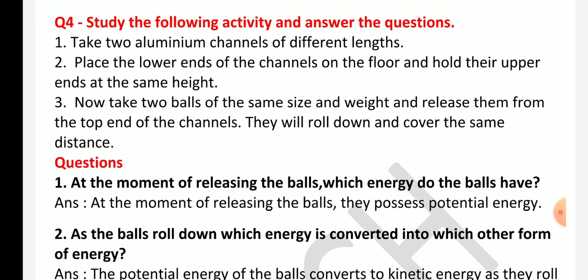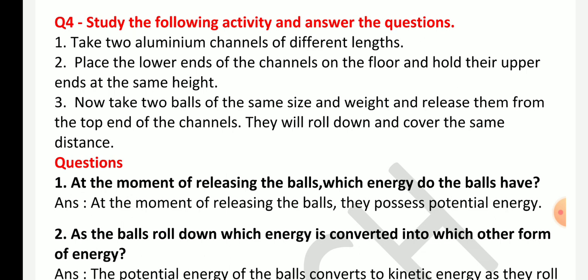Let us now see question number 4. Study the following activity and answer the questions. So here is an activity given. After reading this, we need to answer some questions. So let's begin. Take two aluminium channels of different length.